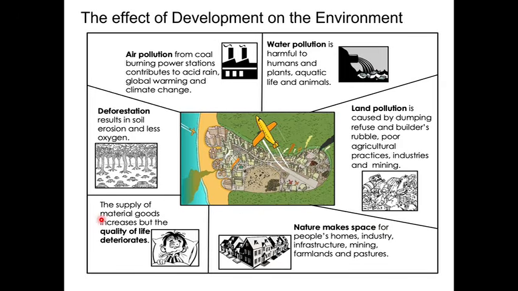Then what's also happening, and this was an interesting one that I've seen here, is that we will have a lot of material goods, a lot of stuff. We own a lot of stuff, but the quality of life decreases.